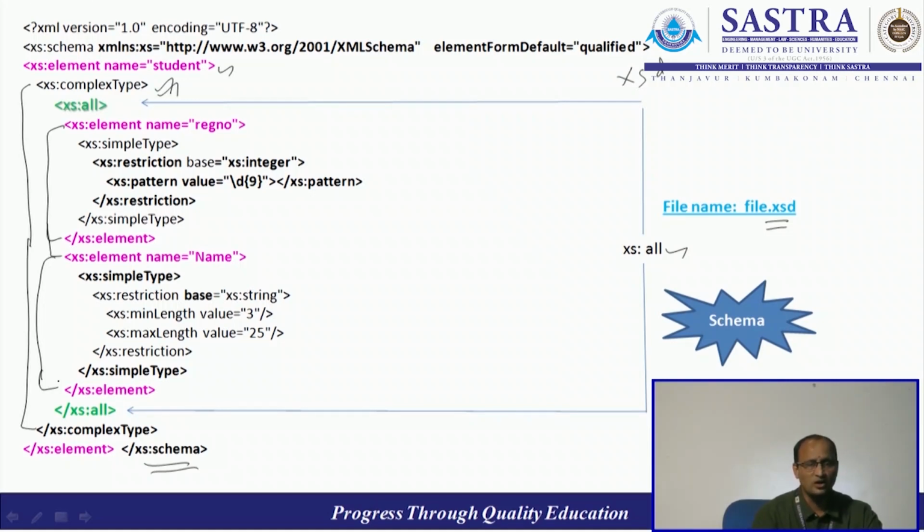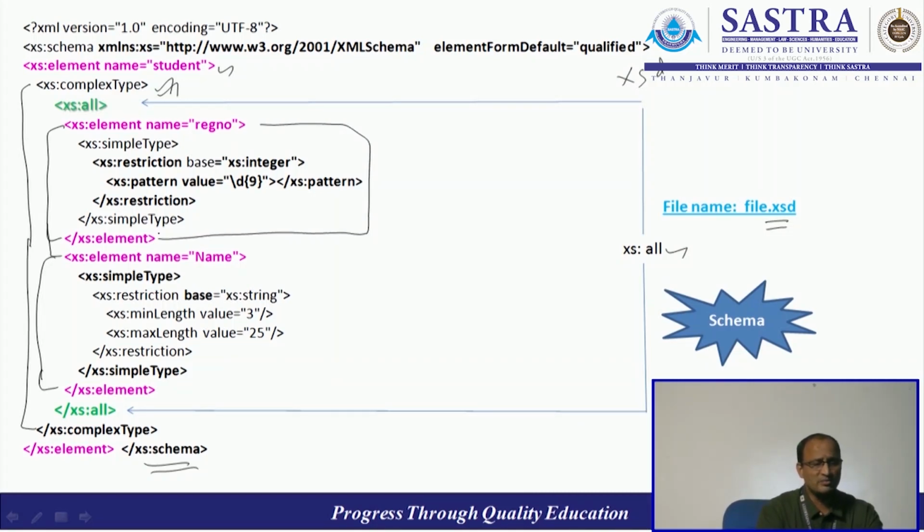All in the sense, any sequence is allowed for the child elements, that is register number and name can be given in any order. So xs:element, after that xs:all, we have to give element name, register number. So the register number I have given.